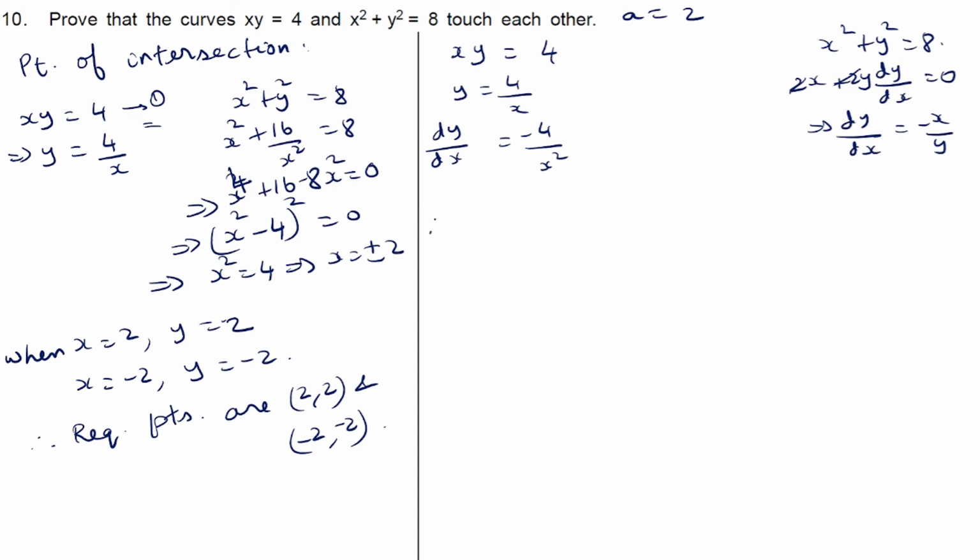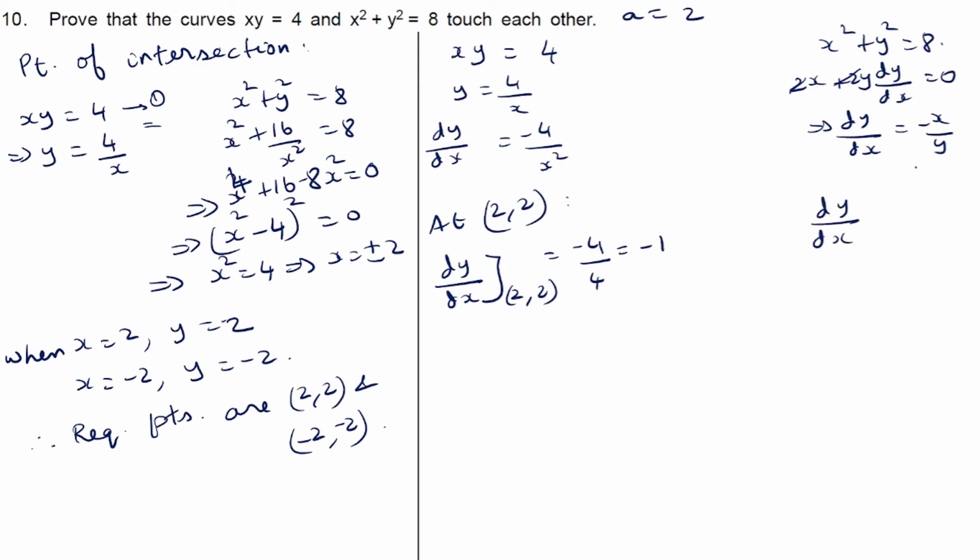Now let us find at 2, 2 first. The tangent to this curve at 2, 2 will have slope equal to minus 1. Again at 2, 2, the tangent to this curve will have slope equal to minus 1. So these two curves have a common tangent at this point.